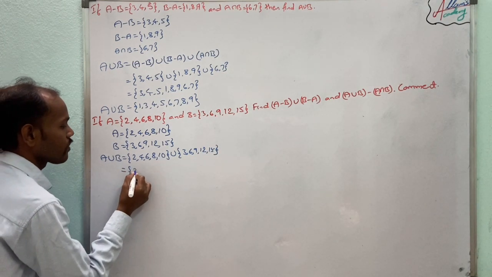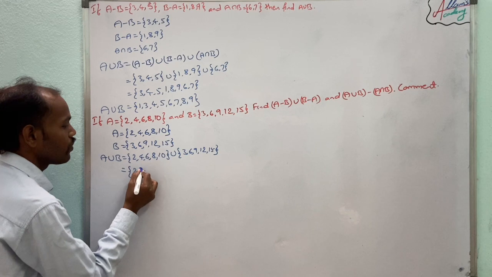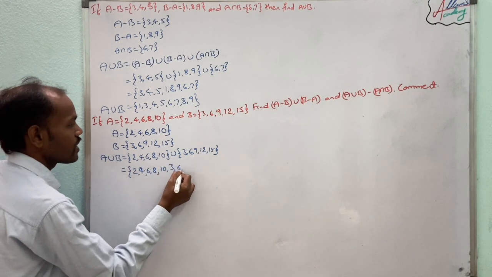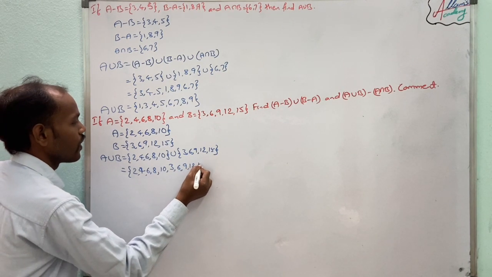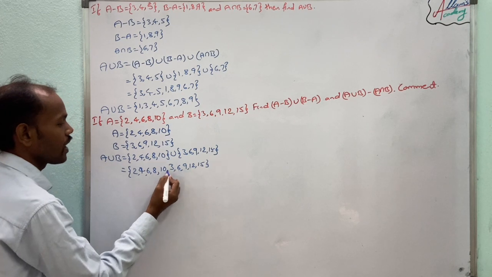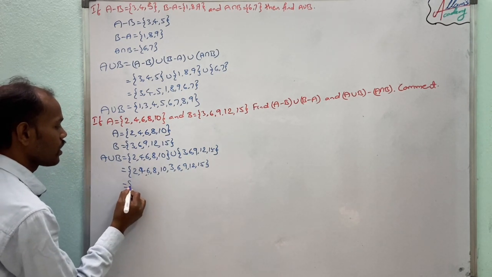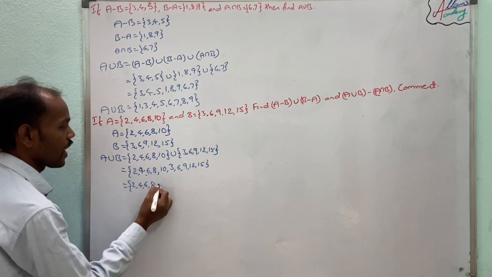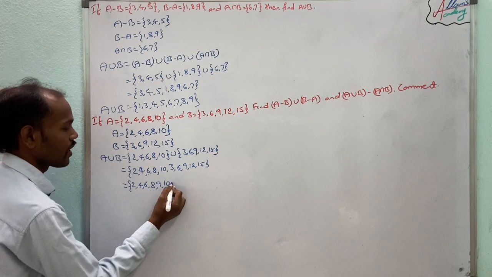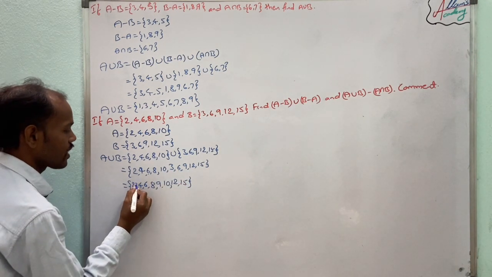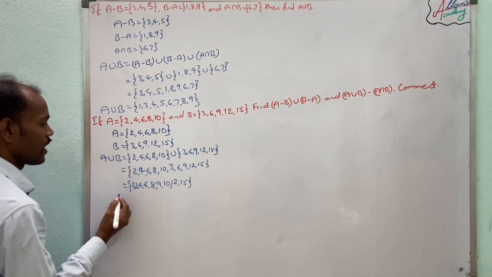So 2, 4, 6, 8, 10, 3, 6, 9, 12, 15. Here we observed the common element is 6 only, so it is written a single time: 2, 3, 4, 6, 8, 9, 10, 12, 15, all written in order.